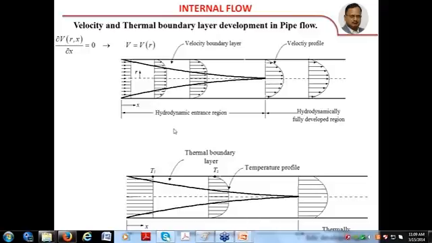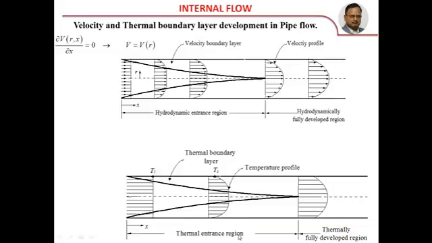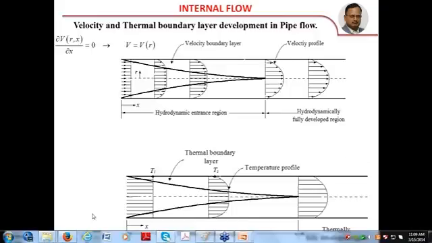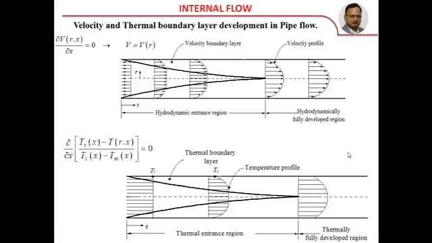So like a velocity boundary layer, a thermal boundary layer is also developed, and the temperature is said to be fully developed only after a certain length, and that is called thermal entrance length, or thermal entrance region. And the flow from here onwards, where the temperature profile remains the same, is called the thermally fully developed region.